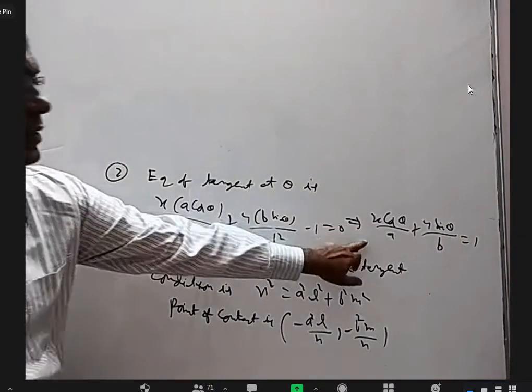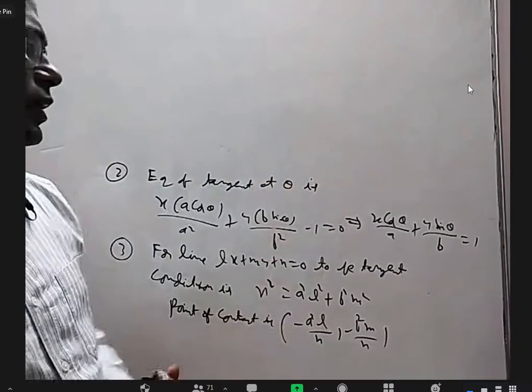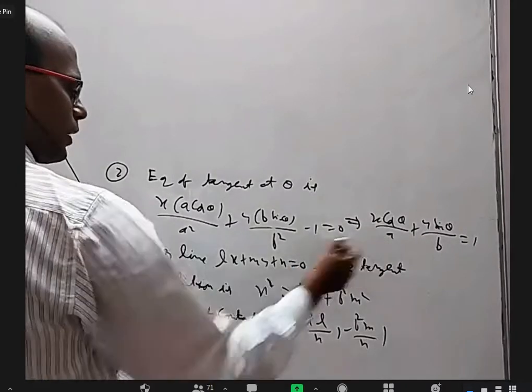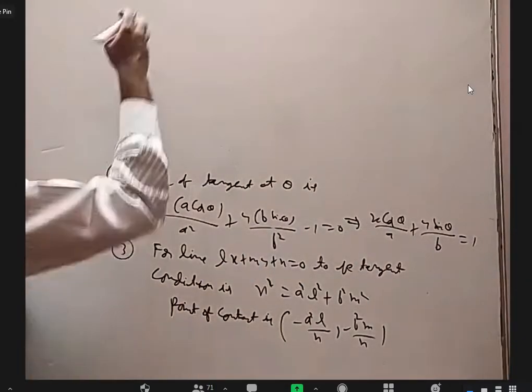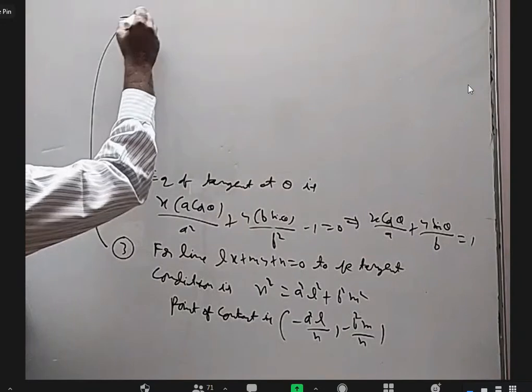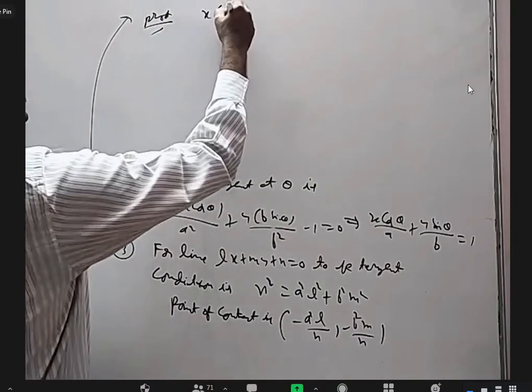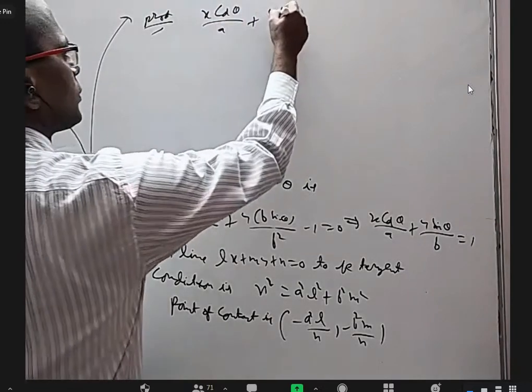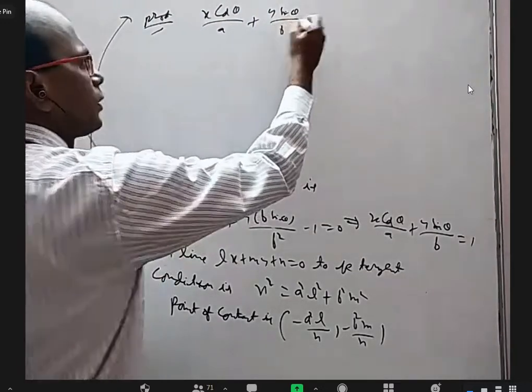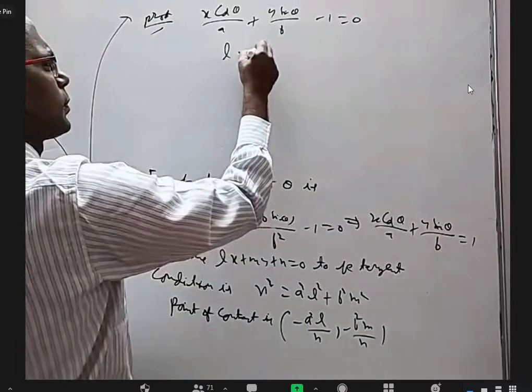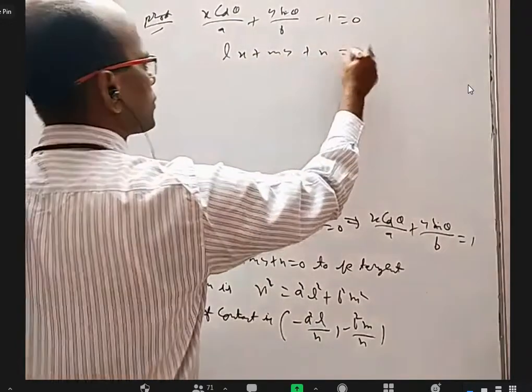I can compare with this tangent, or I can compare with xx1 by a square. Anything is okay. Let us see if I compare with this. So for this explanation, proof or whatever you want to call it, x cos theta by a plus y sin theta by b minus 1 equal to 0. Let us compare with Lx plus my plus n equal to 0.